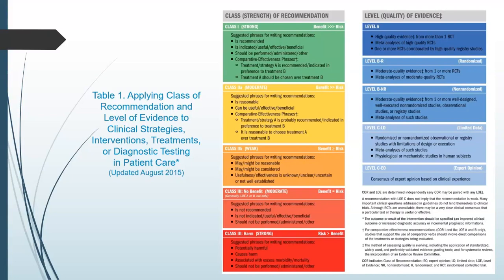Class 2B recommendations are weaker ones. And there you'll see language like might be reasonable, might be considered. It's uncertain. And I would say with a 2B recommendation, it's weak, and it would be very, very difficult to criticize a physician for not doing whatever this is.